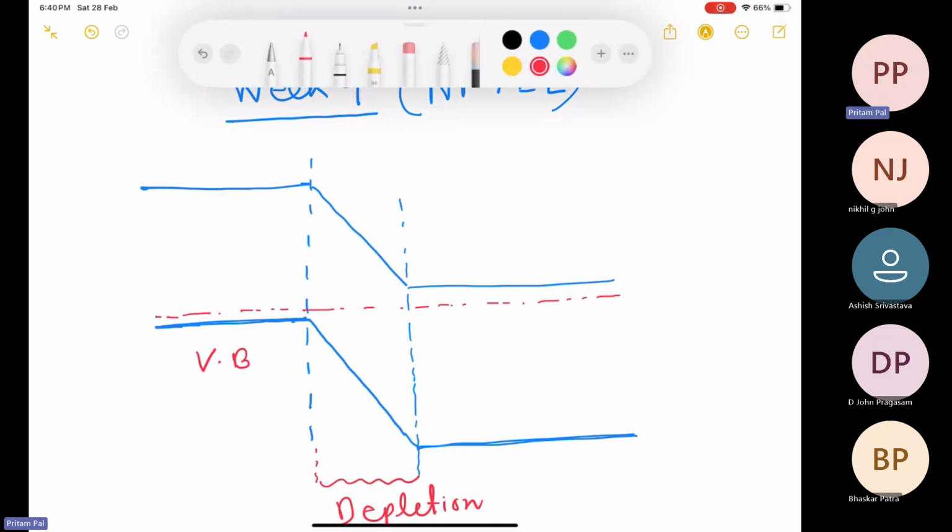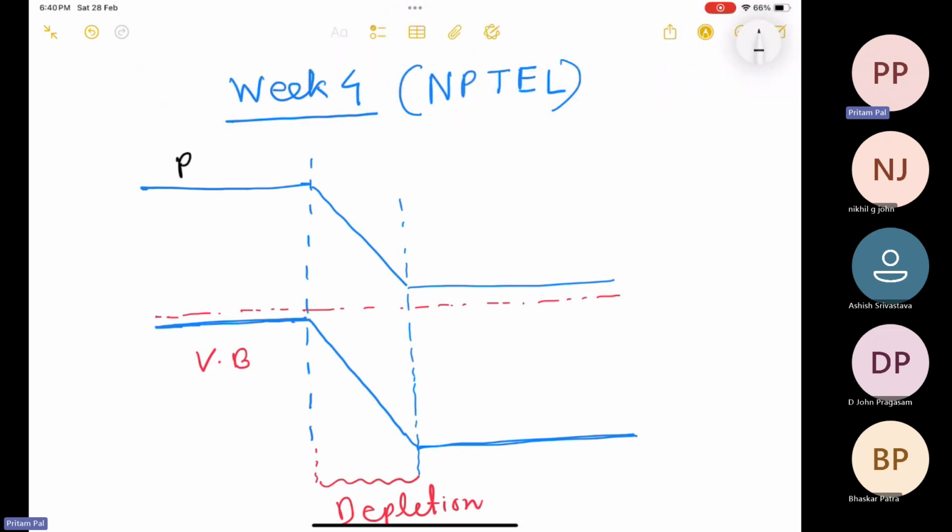So this is your P side conduction band. You have to be a little bit familiar with the terminologies I will be using. This is the band gap on the P side.